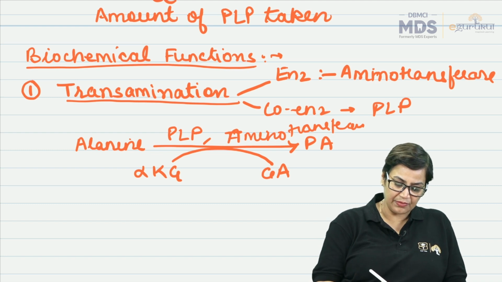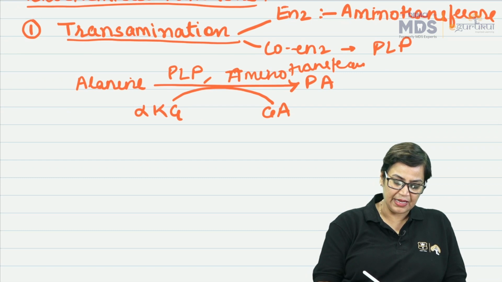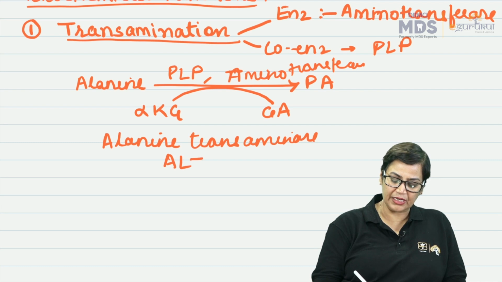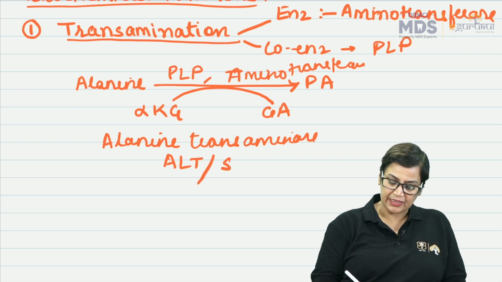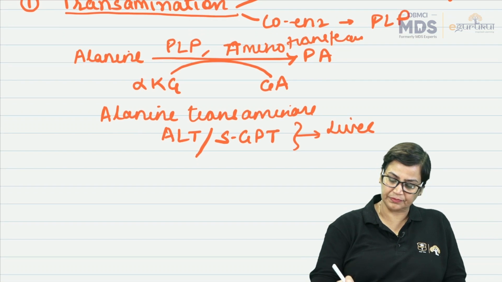And if we have to classify this enzyme, it is alanine transaminase or ALT, also known as serum glutamate pyruvate transaminase, which is a marker enzyme of liver diseases.